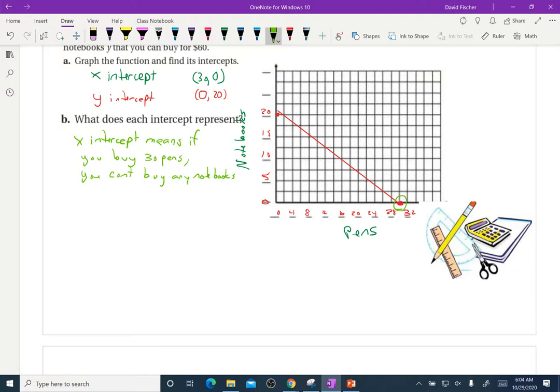I can buy 0 notebooks because I spent all my money on the pens, okay? That's what that one means.